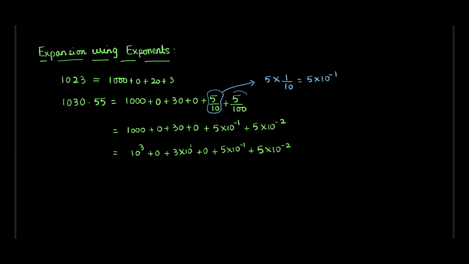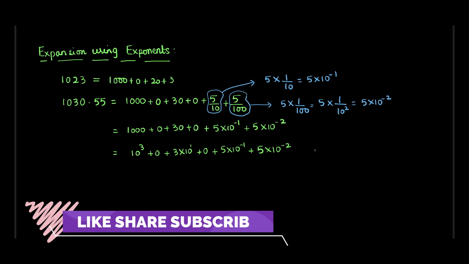And similarly, in case of 5 upon 100, you can say that this is 5 into 1 upon 100, which is equal to 5 into 1 upon 10 square, because 10 square is 100. So that becomes 5 into 10 to the power minus 2. So this is the way of expanding a given number or a given decimal number using exponents.